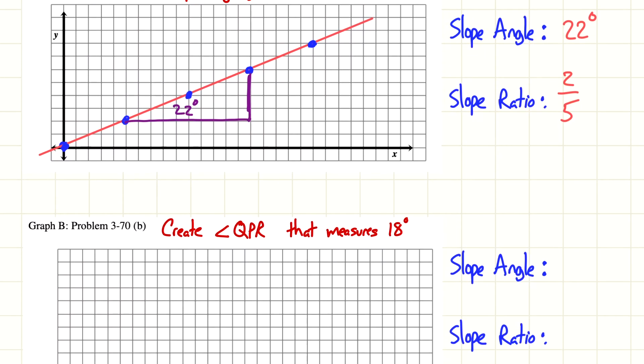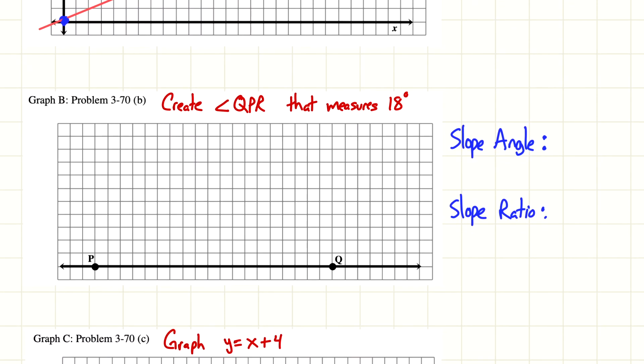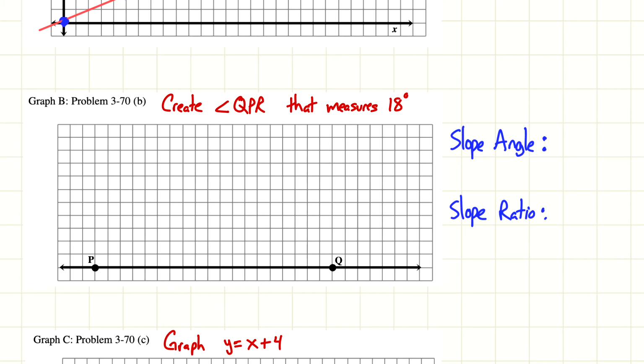All right, and then we have a couple more we're going to do. They actually want us to draw an angle that measures 18 degrees, which again is difficult to do if you don't have the tools to make it exact.